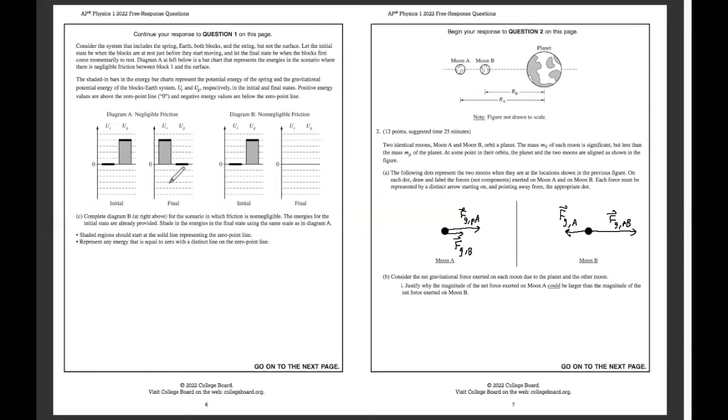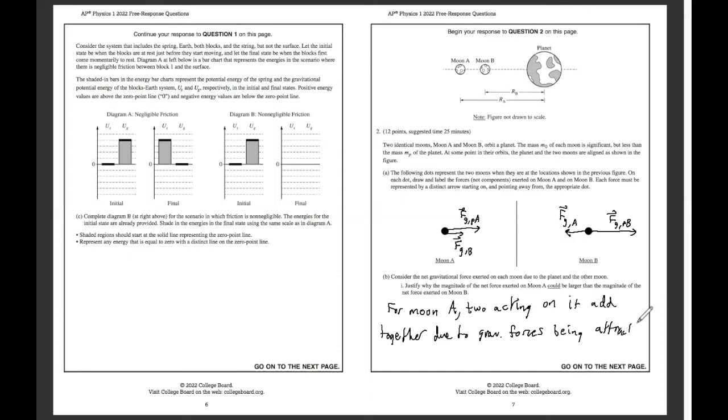on moon B. Well, the reason why I would say that the net force could have a larger magnitude on moon A is because for moon A, if you take a look at my free body diagram, the 2 forces acting on it add together due to gravitational forces being attractive, meaning that moon A and moon B experience forces towards each other.